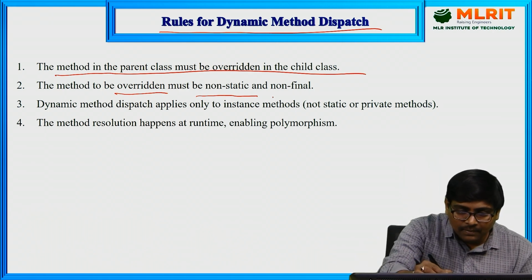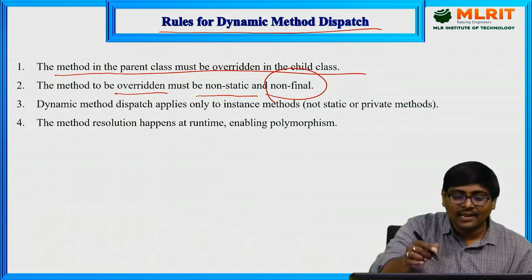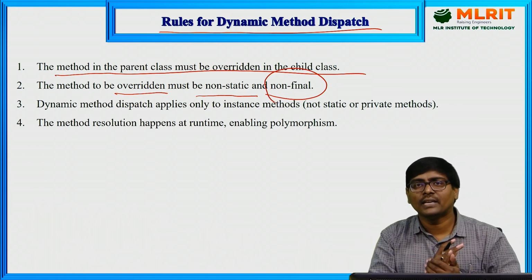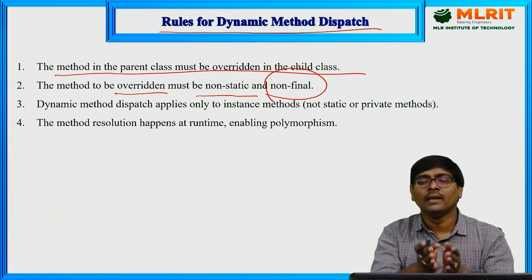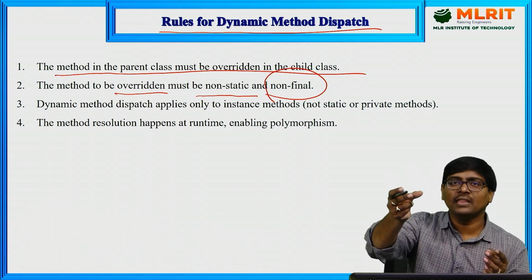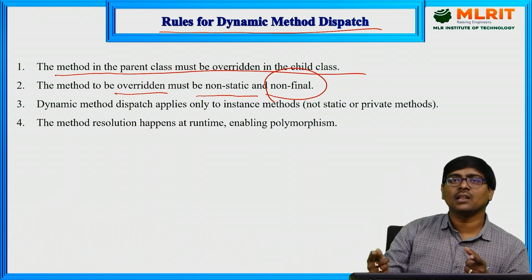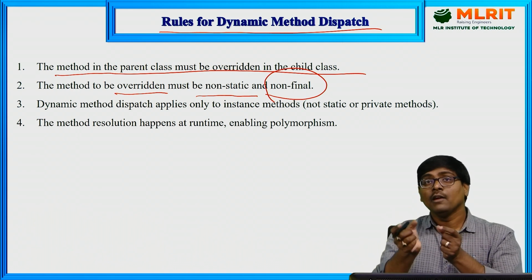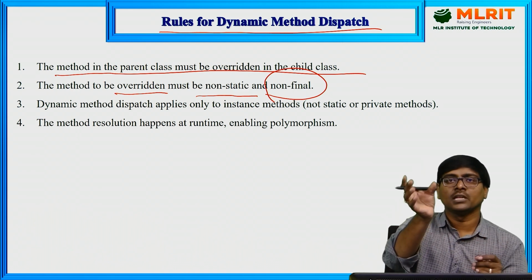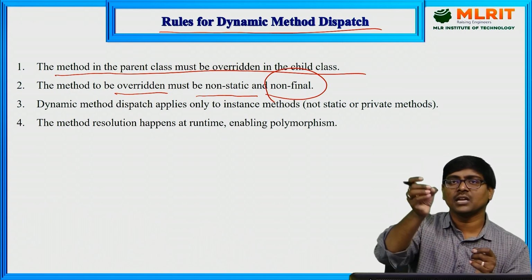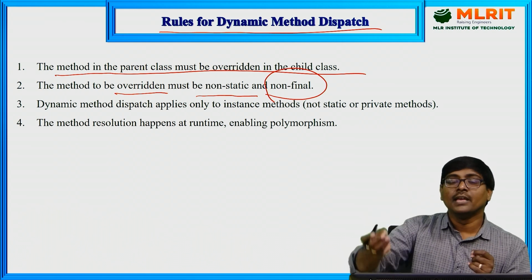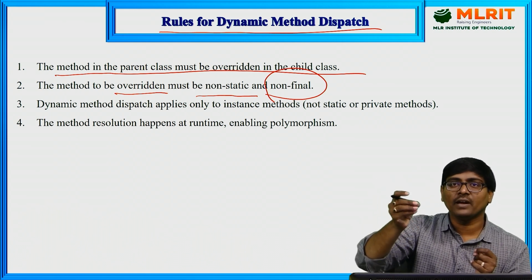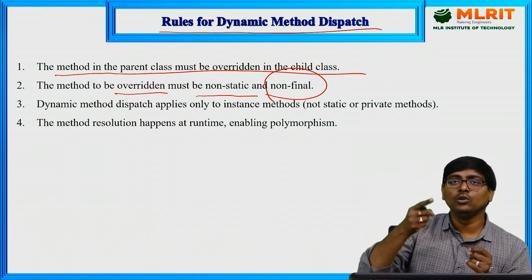At the same time, the method must be a non-final method. What is meant by non-final? If it is a final method, it is not possible to override it in the child class. Why? Final means fixed. If a class is final, it is not possible to inherit. Similarly, if a method is final, it is not possible to override.